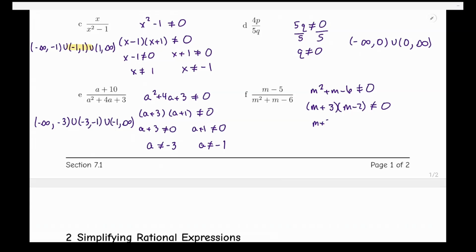So m plus 3 cannot equal 0, and m minus 2 cannot equal 0, which means m cannot equal negative 3 and m cannot equal 2. And then in interval notation, that would be negative infinity to negative 3, union negative 3 to 2, union 2 to infinity.